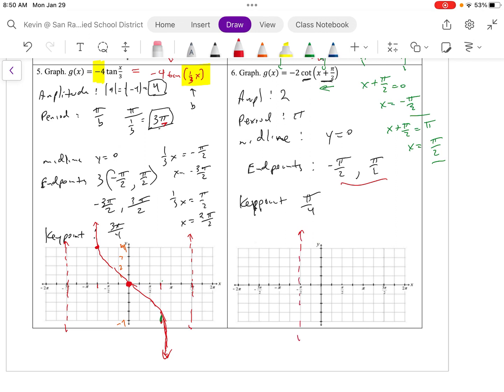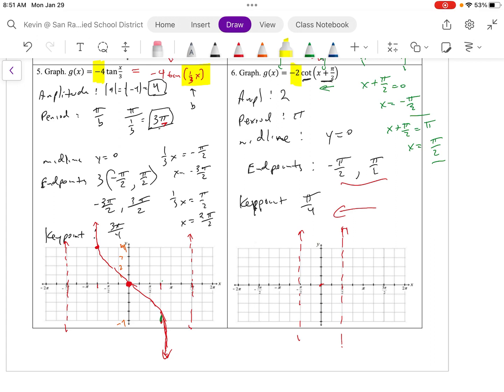So this is negative, which is normally where we would see the asymptotes for tangent. In this case, since we've just slid our parent over pi over 2, it looks like it's in the same area. But it's cotangent. Cotangent would normally go from upper left to lower right.